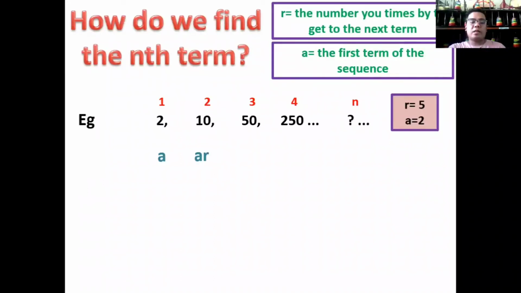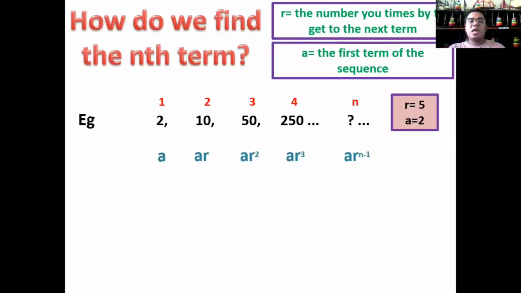After that, as you notice, this is the pattern. To get my second term, I multiply the first term by the common ratio r. Is that true? Yes. And to get my third term, I multiply the second term by r again.